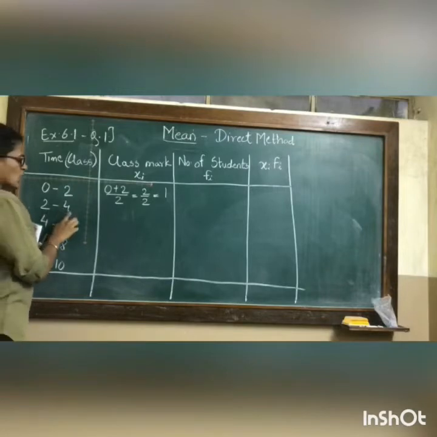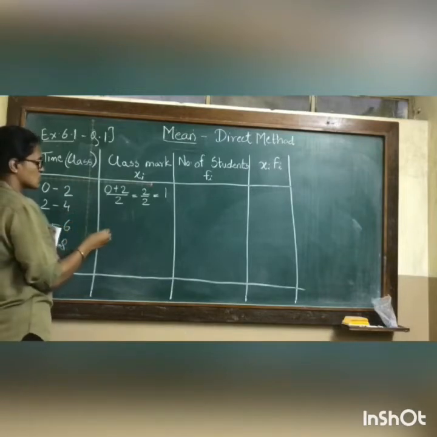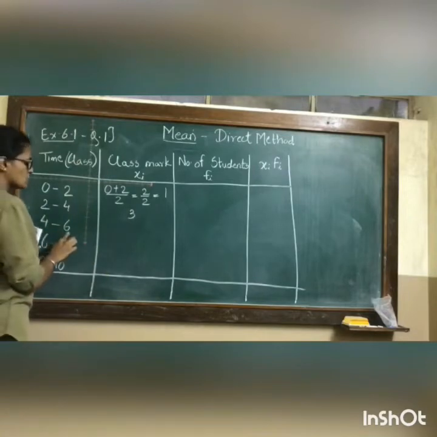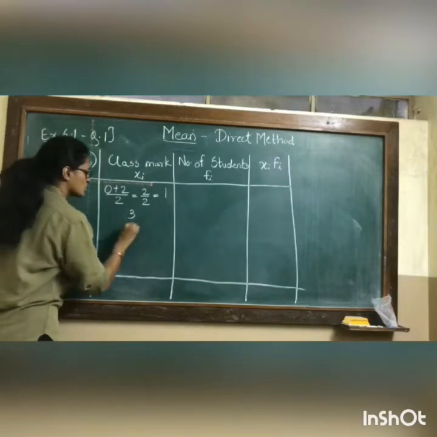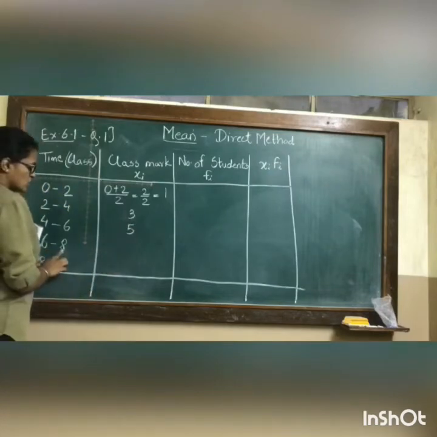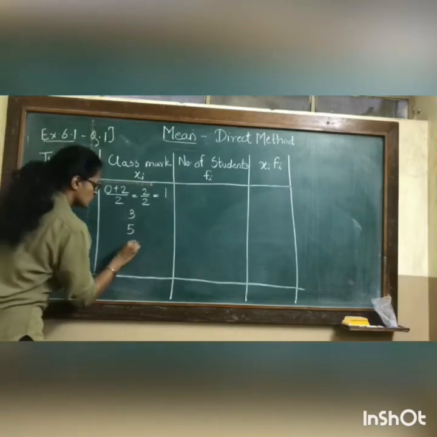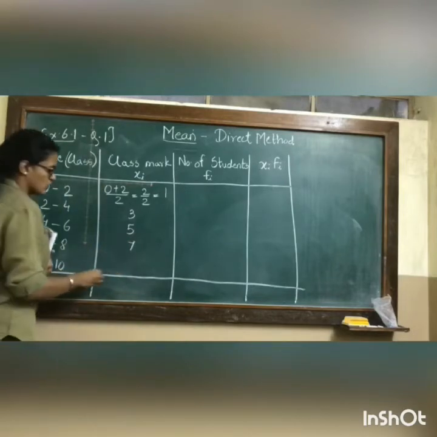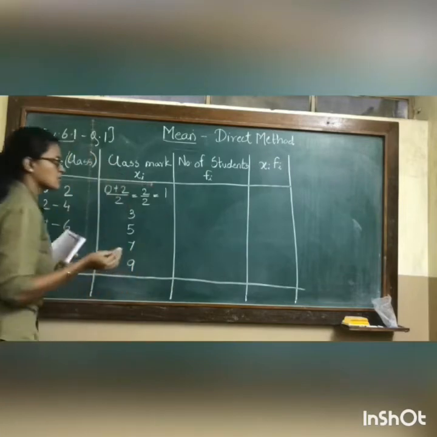2 plus 4 upon 2 is equal to 6 upon 2, that is 3. 4 plus 6 upon 2 is equal to 10 upon 2, that is 5. 6 plus 8 upon 2, that is 14 upon 2, 7. 8 plus 10 upon 2, 18 upon 2, and that is 9.